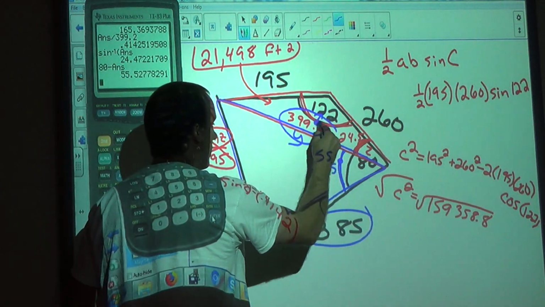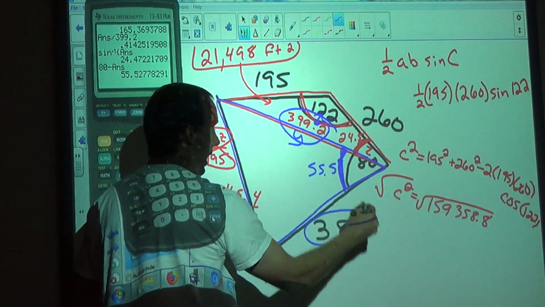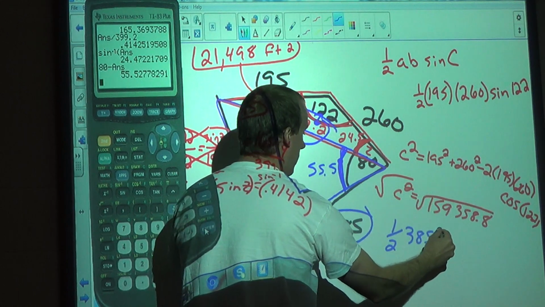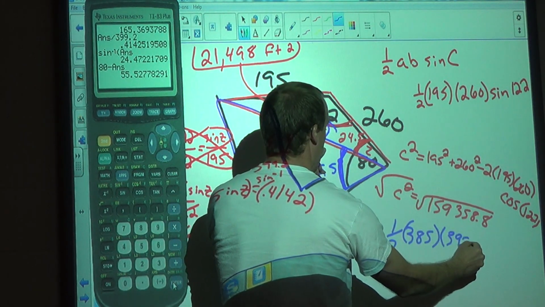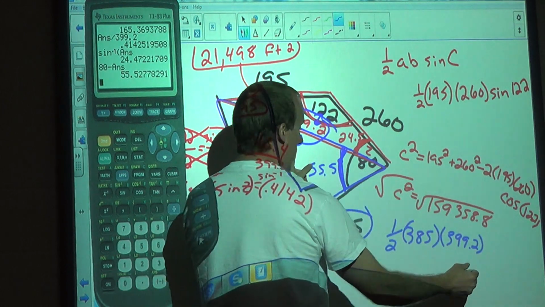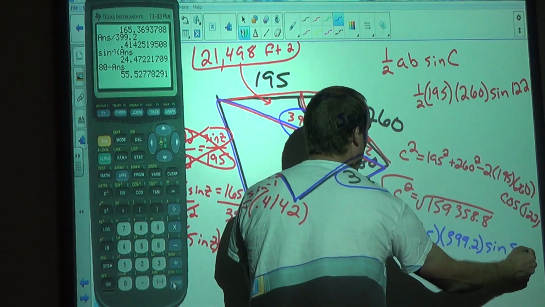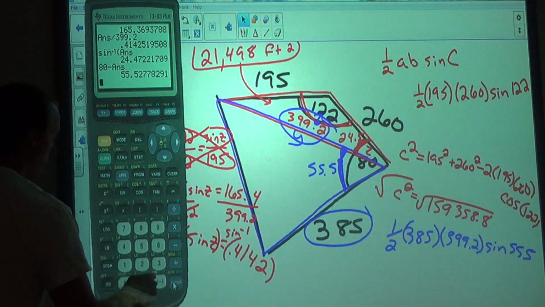Okay? And now if I want to find the area of the blue triangle, I now have this leg and this leg. So I have two legs and the included angle. So it'd be 1/2 times 385 times the other leg, which is 399.2, times the sine of 55.5. This is the area formula for a triangle, which we've already done. Okay, and then I just plug it in.